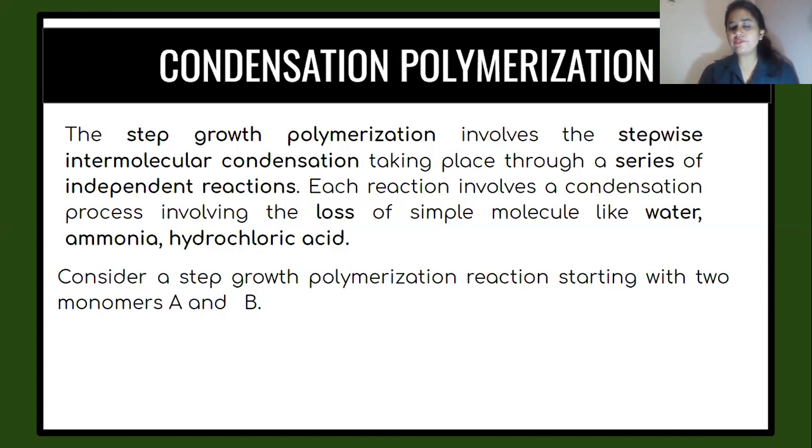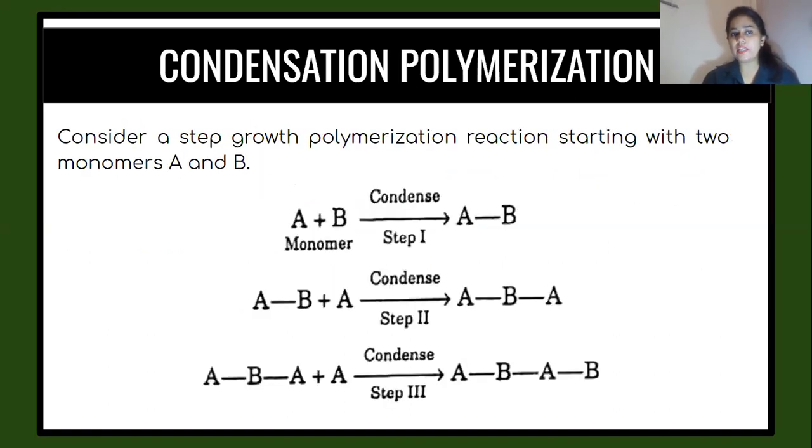Now, the simplest way of understanding the condensation step growth polymerization reaction: for simplicity, I have taken two monomer units. I've taken a monomer unit A and I'm reacting it with a monomer B. Generally, when they condense, they form a bond with one another. So when they form a bond, obviously AB is formed.